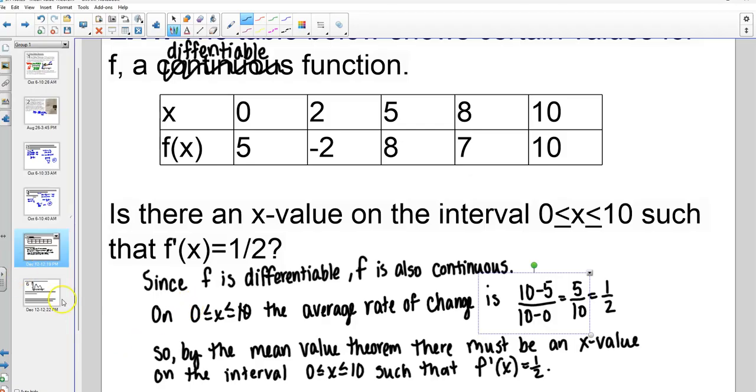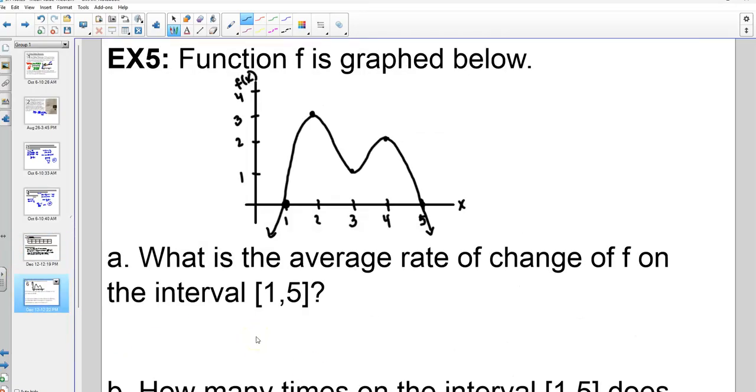All right, we got one more thing to look at. This one's from a graph. The function f is graphed below. What is the average rate of change of f on the interval from 1 to 5? Now, you certainly could do a slope formula for this.